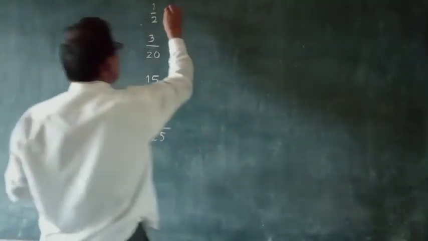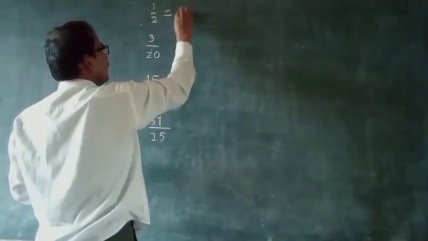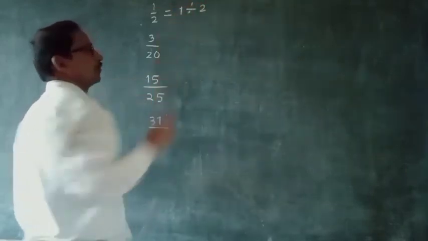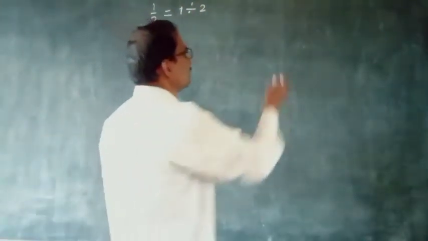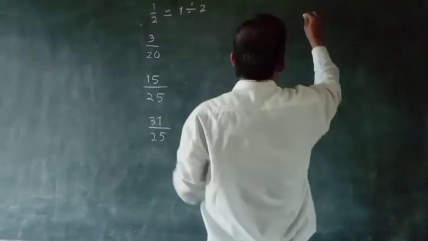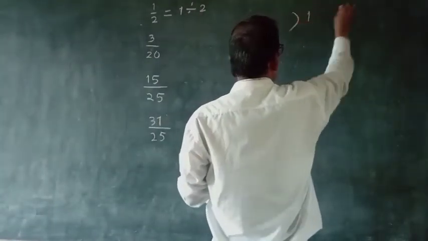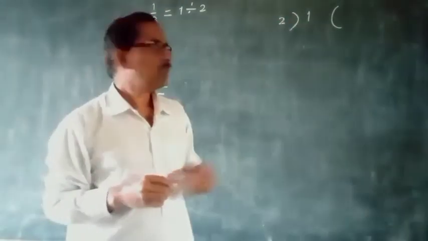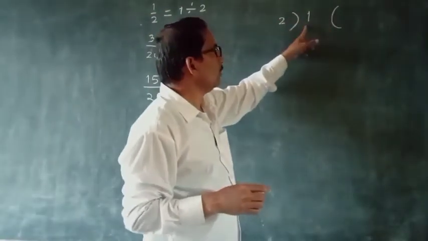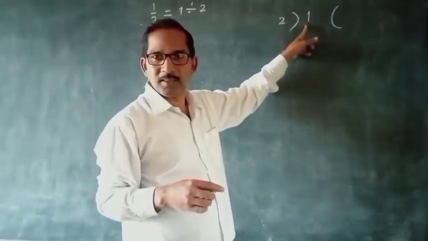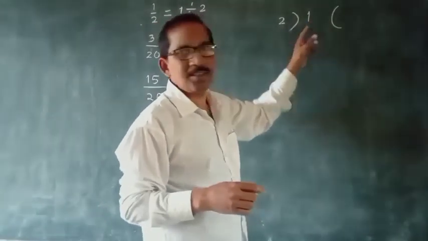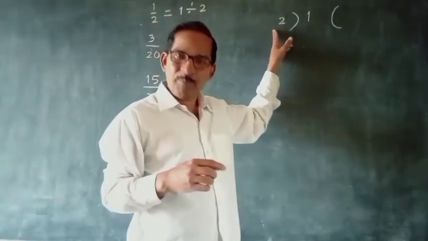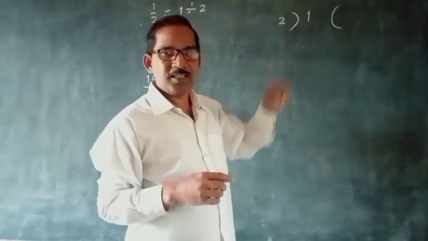1/2 is equal to 1 divided by 2. Now let's divide 1 by 2. 1 will be the dividend and 2 will be the divisor. 2 cannot go into 1 because the dividend is the smaller number and the divisor is the bigger number.